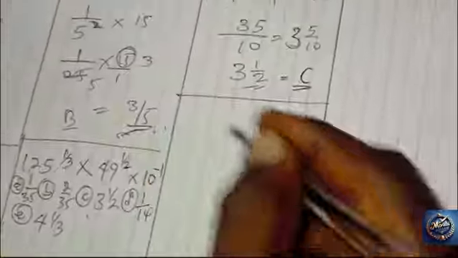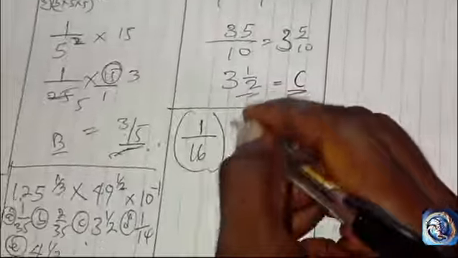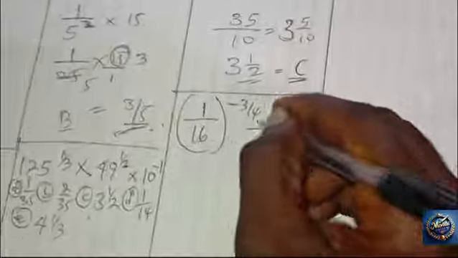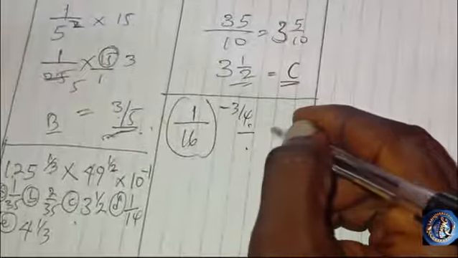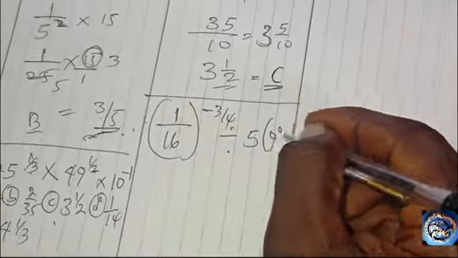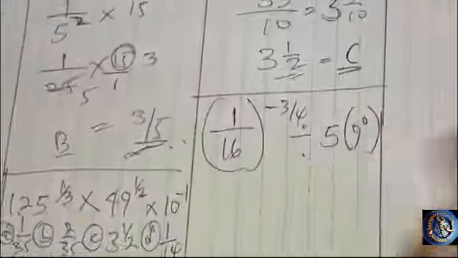So I have another one which says 1 all over 16 raised to the power of minus 3 all over 4 divided by 5 bracket 9 raised to the power of 0. Are options given? No, option is not given there.